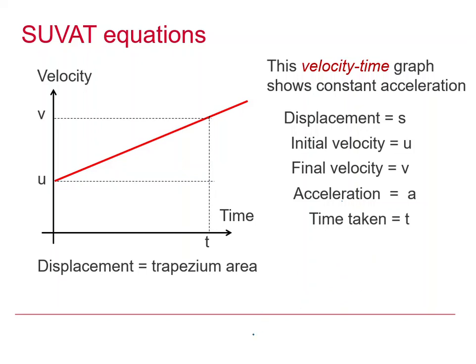Now let's look again at the same graph and see what else we can derive from this. The displacement is the area under the graph. So if we consider that area as the trapezium given by the red trajectory line and the two ordinates and the axis, then we can use the standard formula for trapezium area as half the sum of the parallel sides times the distance between them.